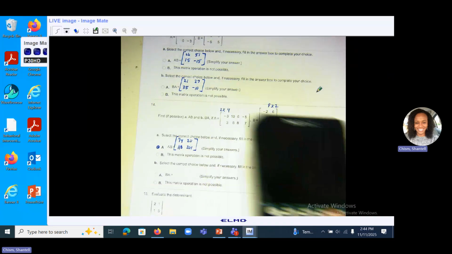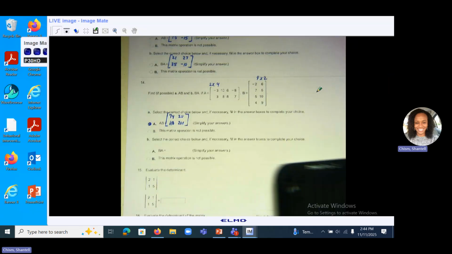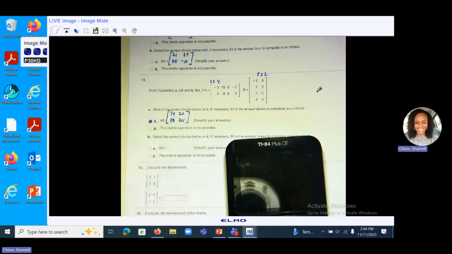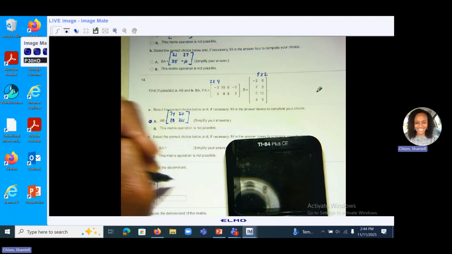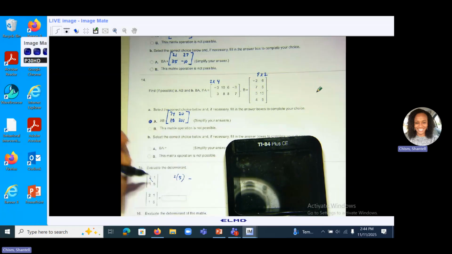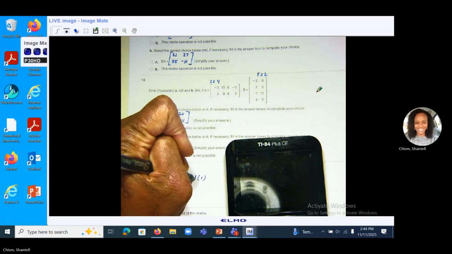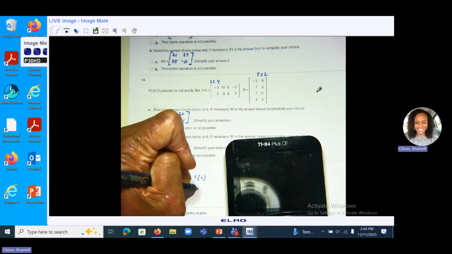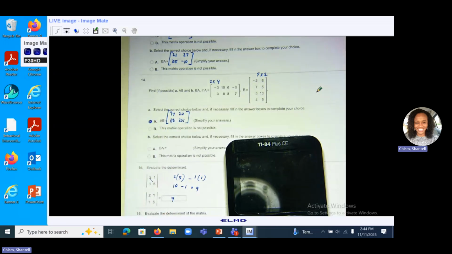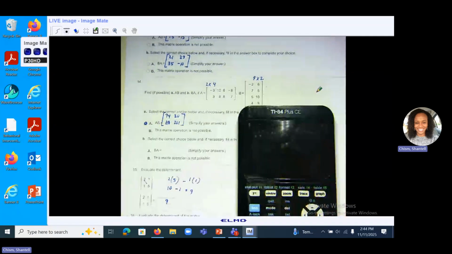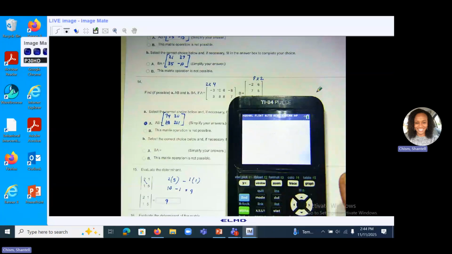So look at number 15. It says evaluate the determinant. So I can do this by hand. 2 times 5 minus 1 times 1. So 10 minus 1, we get 9. I do want to verify this in the calculator so you can see how the calculator does it for you as well.